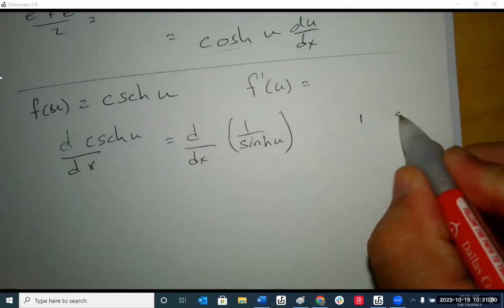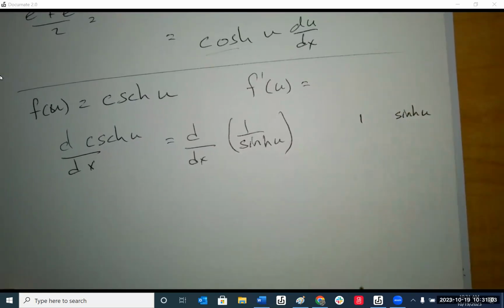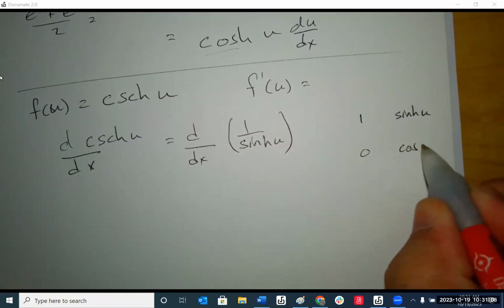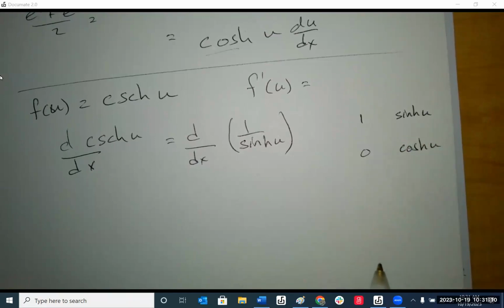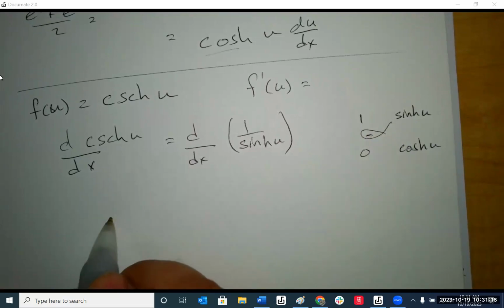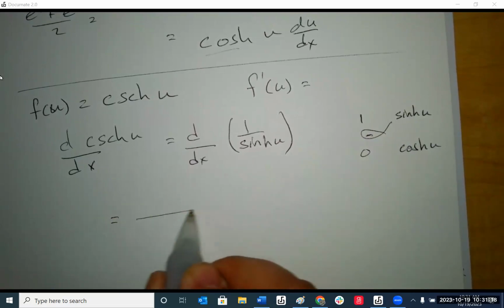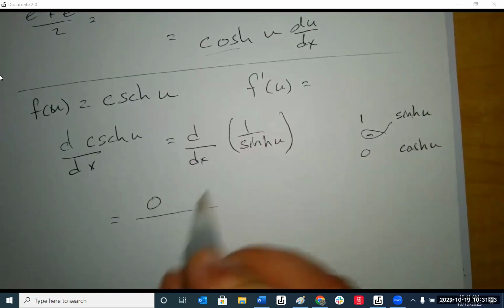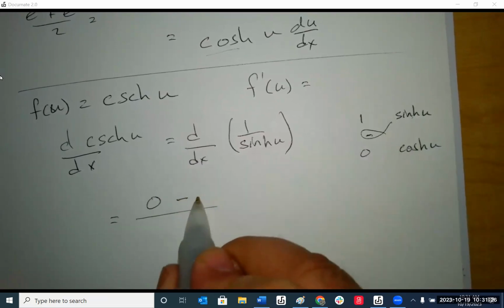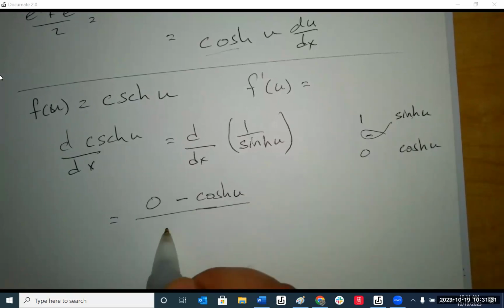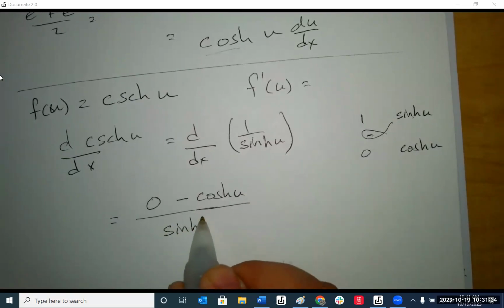We have 1. The derivative of 1 is 0. The derivative of sine is cosine hyperbolic of u. Since it's a quotient, we subtract. So this becomes hyperbolic sine times 0 is 0, minus cosh of u times 1, over sine hyperbolic squared of u.